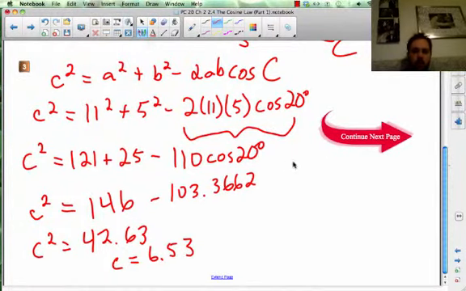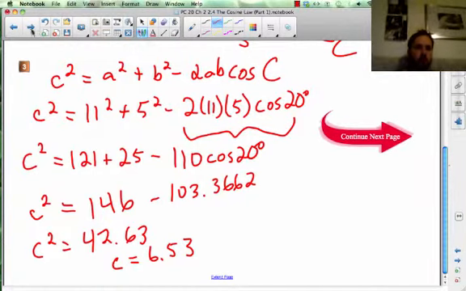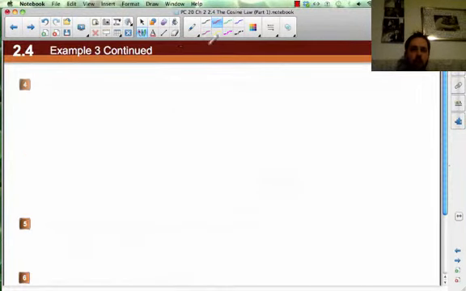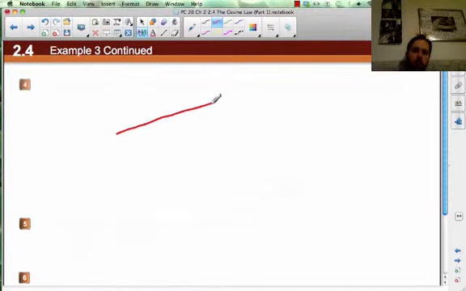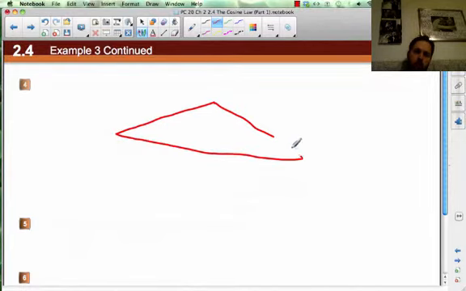So now that we have the value of c, we can use that to draw a more accurate version of our triangle and figure out what we have going on for angles A and B, which we're going to solve for in a minute. Okay. So we know our longest side is side a, which is 11. And this would be angle A then.